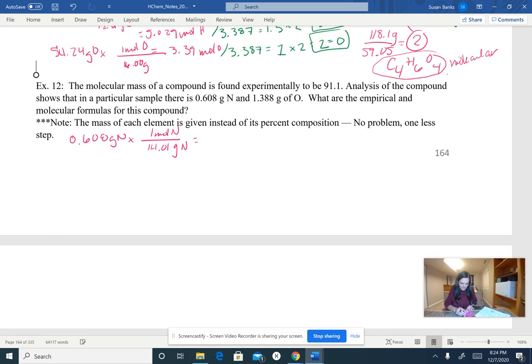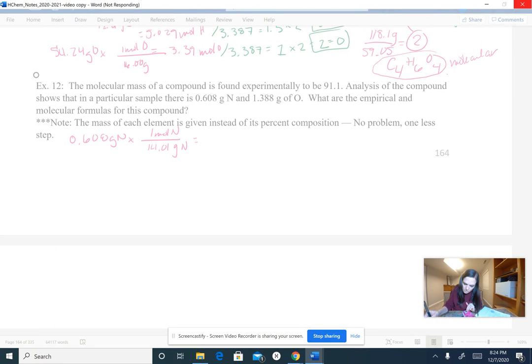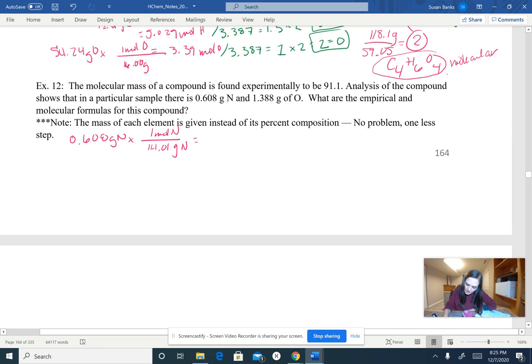So I'm going to take 0.608 divided by 14.01. This gives me, let's let this think for a little bit, 0.04339 moles of nitrogen.